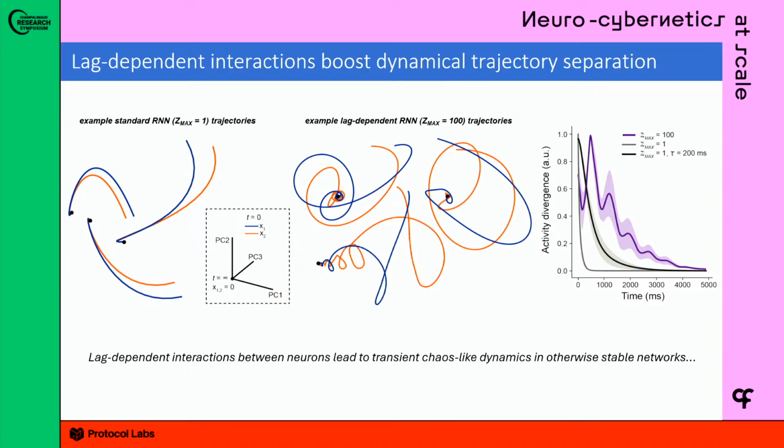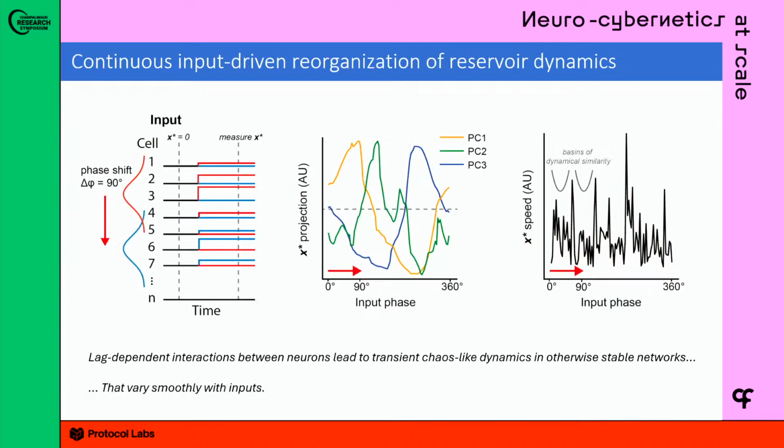Okay, so we have these stable networks that are keeping inputs separate. One way to think about what this can be useful for is we can parameterize the input, take an input vector and slowly drag it around state space and see how that changes the fixed points of the network. We can project the fixed points into PC1, 2, 3.